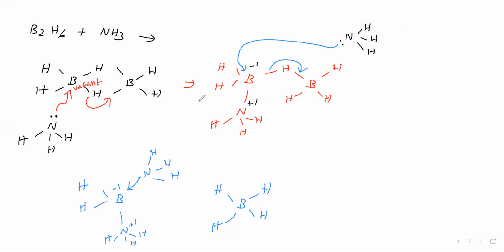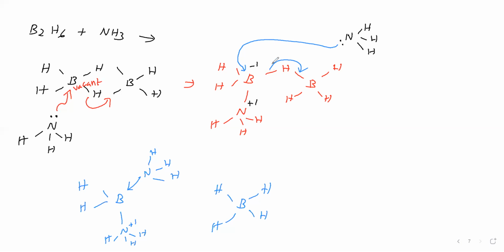Now you see that this boron has provided a vacant orbital here for the formation of this BHB bond. That means here it has provided a half-filled orbital. This bond is shifting, so for this loss of one electron, this -1 we have to vanish. So we are vanishing this -1.